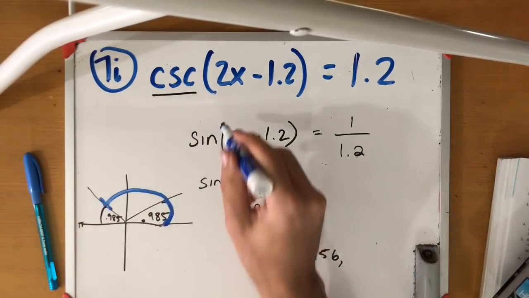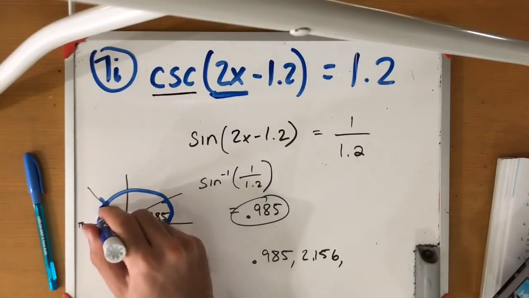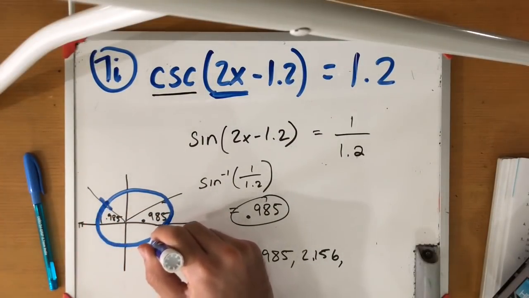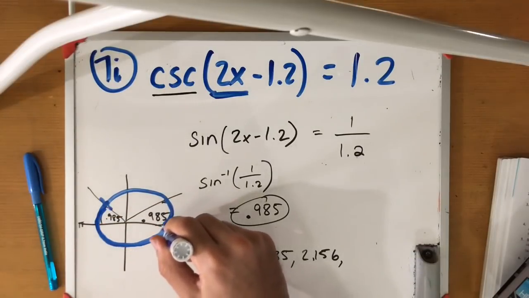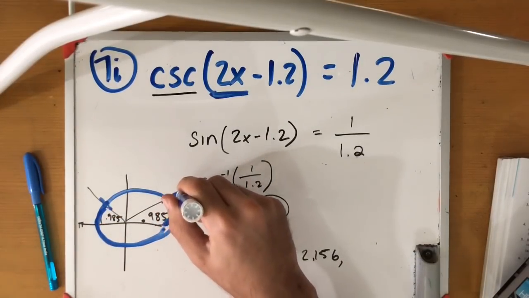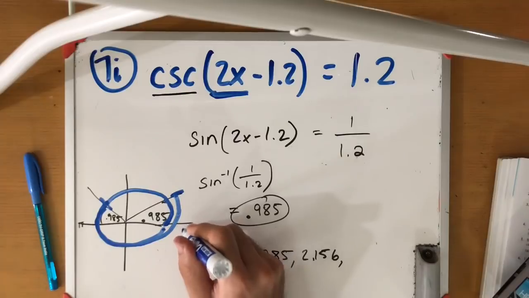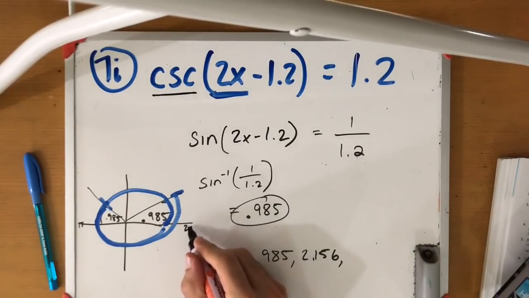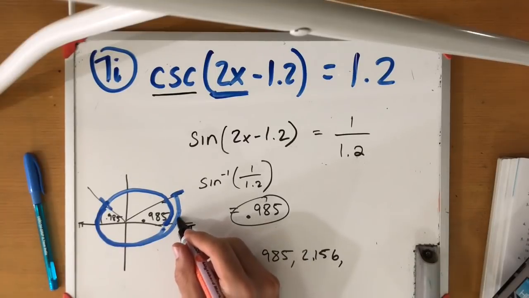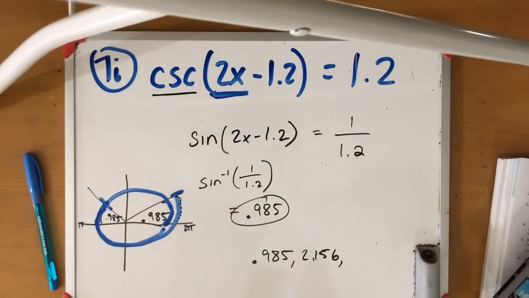Again, I'm going to go around this twice since it's 2x. Okay, so this is my new angle. Now I can say, what would 2 pi plus 0.985 be? That would end up being 7.268.